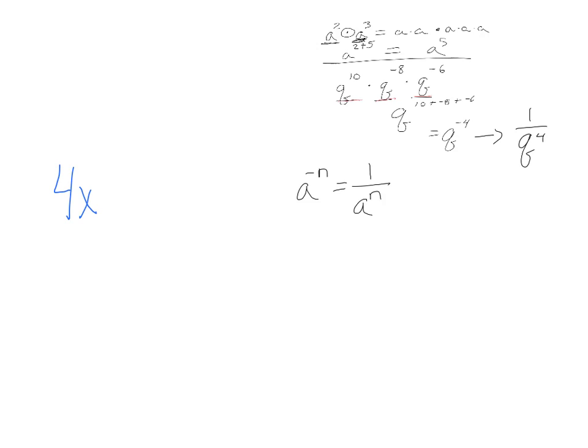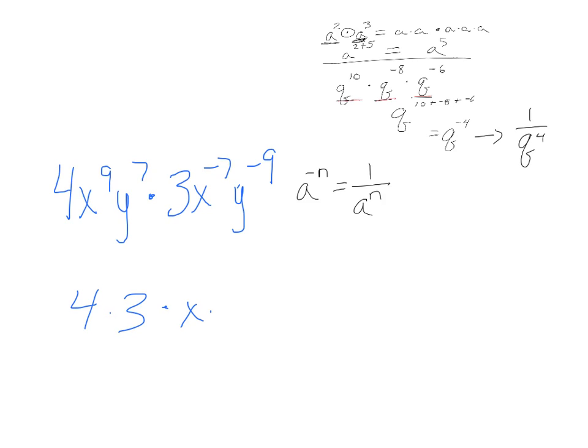If you've got 4x to the 9th, y to the 7th, multiplying, I don't know, 3x to the negative 7th, y to the negative 9th. The result is just, well, I'm going to use the commutative property to make this easier on myself.